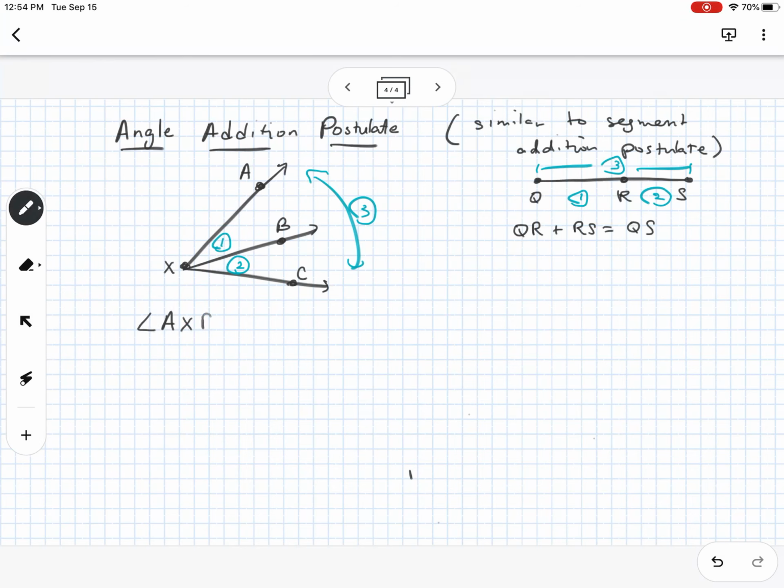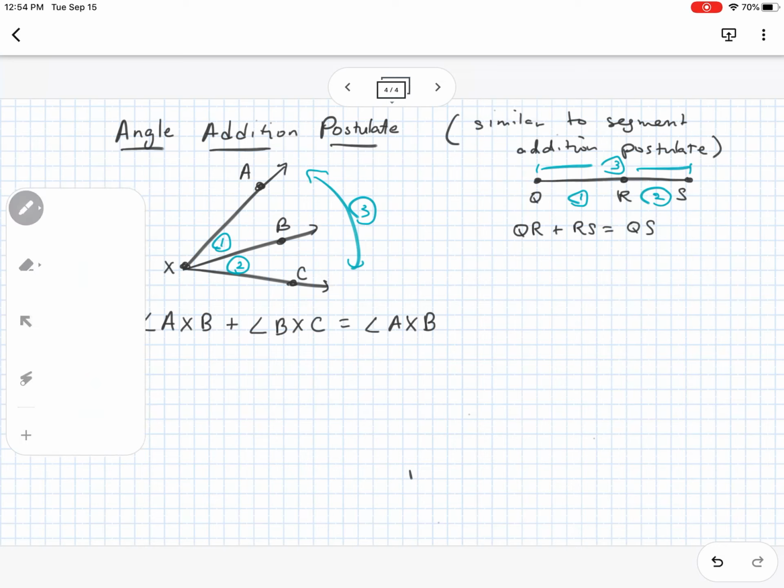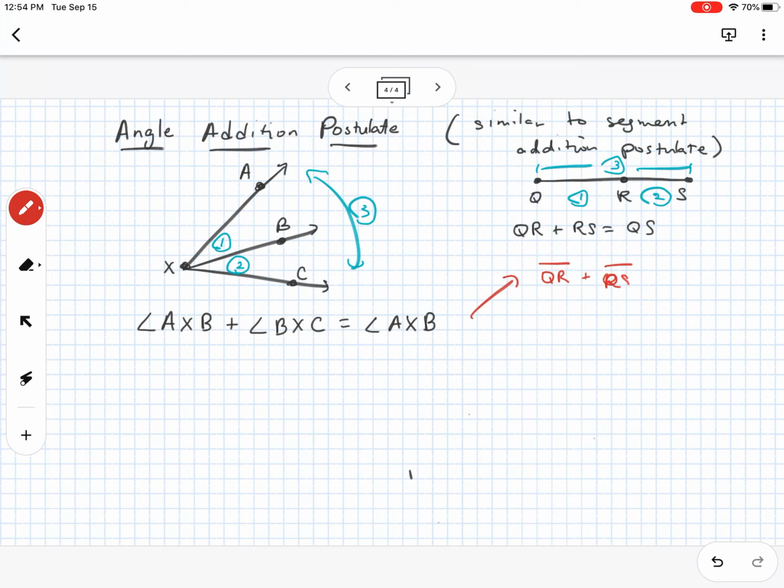Well, so far we've learned to name our angles like this. But just like with segment addition, we were not allowed to write it like this: segment QR plus segment RS is equal to segment QS. Instead, when it comes to the measures, we take off the segment symbol and then we just write it like that.